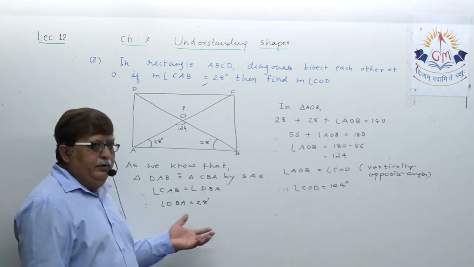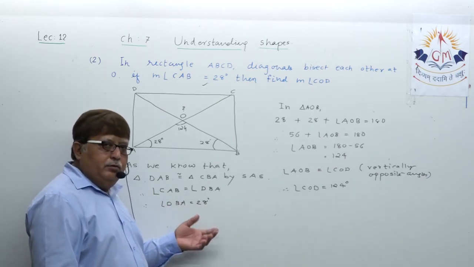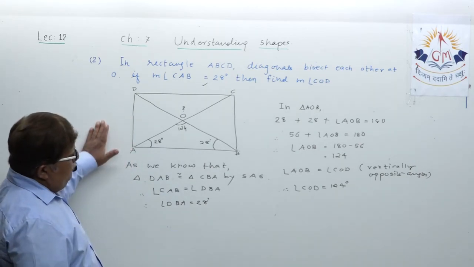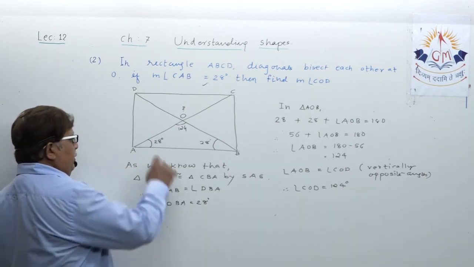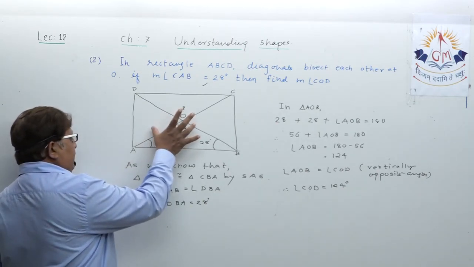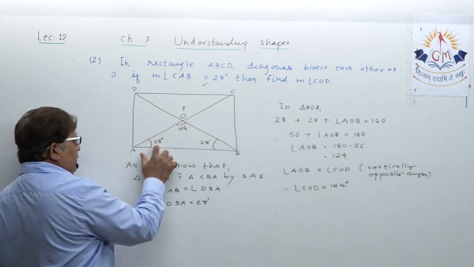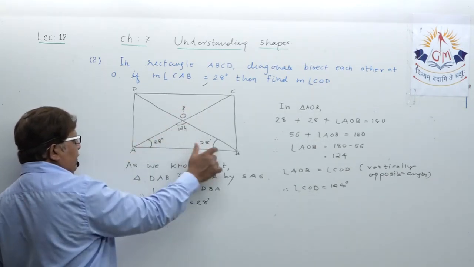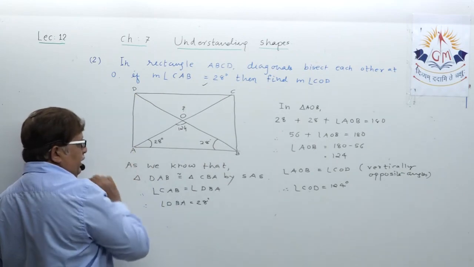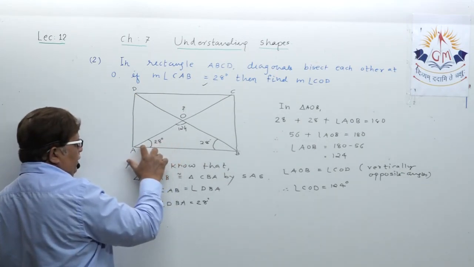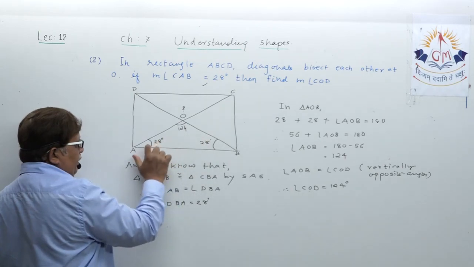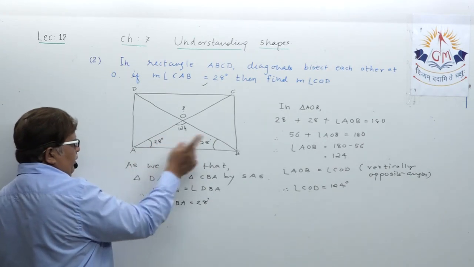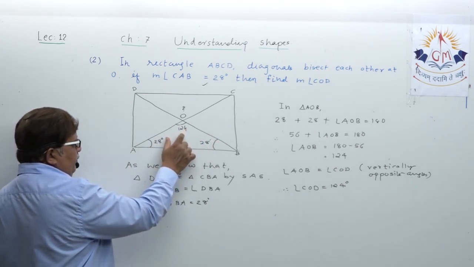So this is the way you have to conceptualize the example in your mind. You understood this? Okay. How did we move? These two triangles were already congruent. So these two angles are congruent. This belongs to triangle CAB. This belongs to triangle DAB. Then in this particular triangle, sum of all angles is 180 degrees. So we took that angle sum property and got this angle.